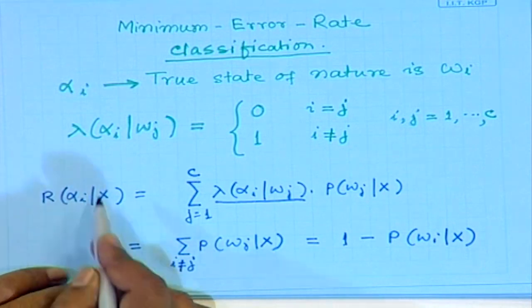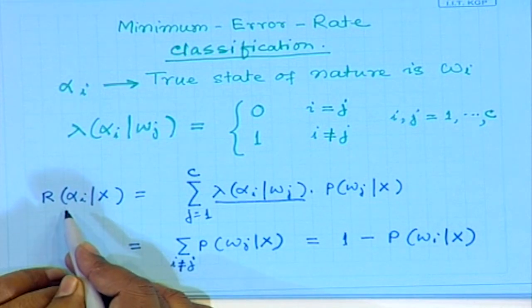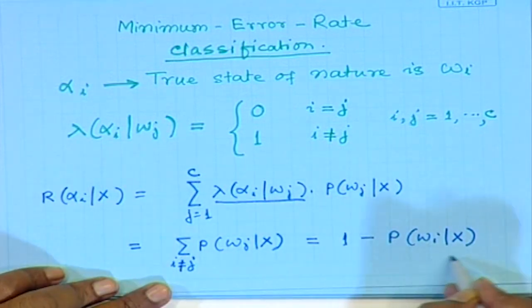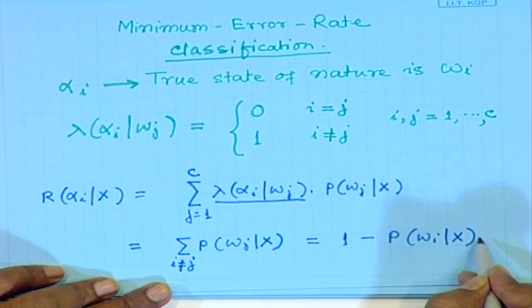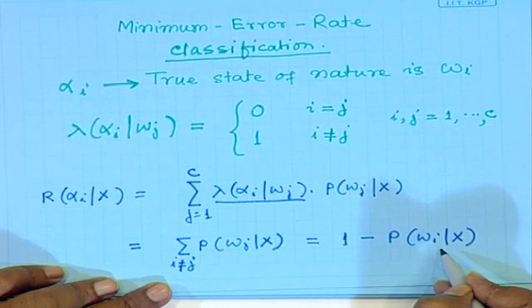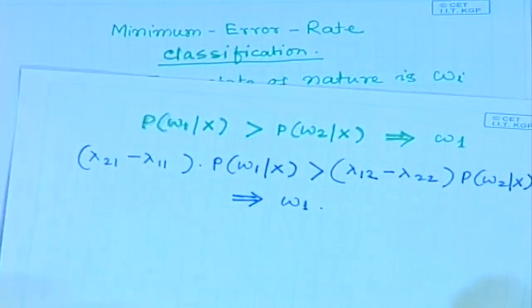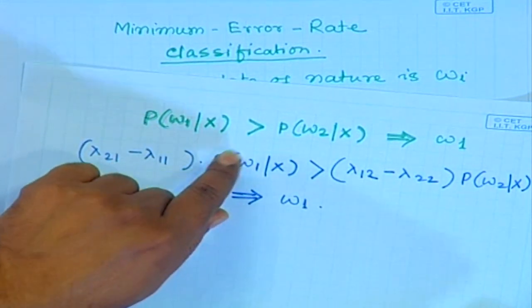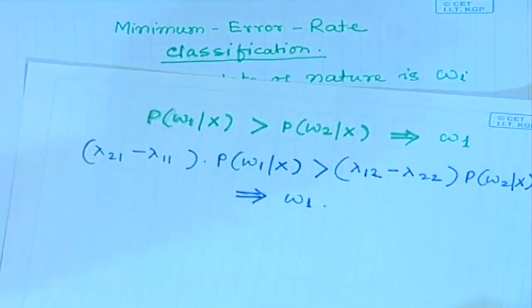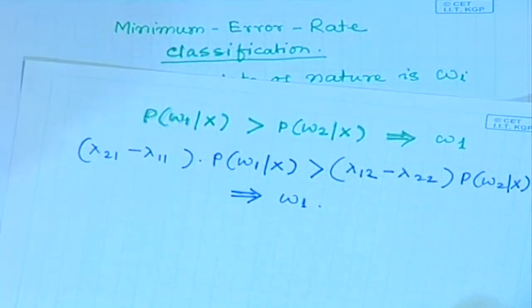So, if I want to minimize this risk function, then this term has to be minimized, and if I want to minimize this, then p of omega i given x has to be maximized. So, I come back to the same decision as in the generalized case: for whichever i the p of omega i given x is maximum, I have to take that decision. That ensures minimum risk and minimum error rate.